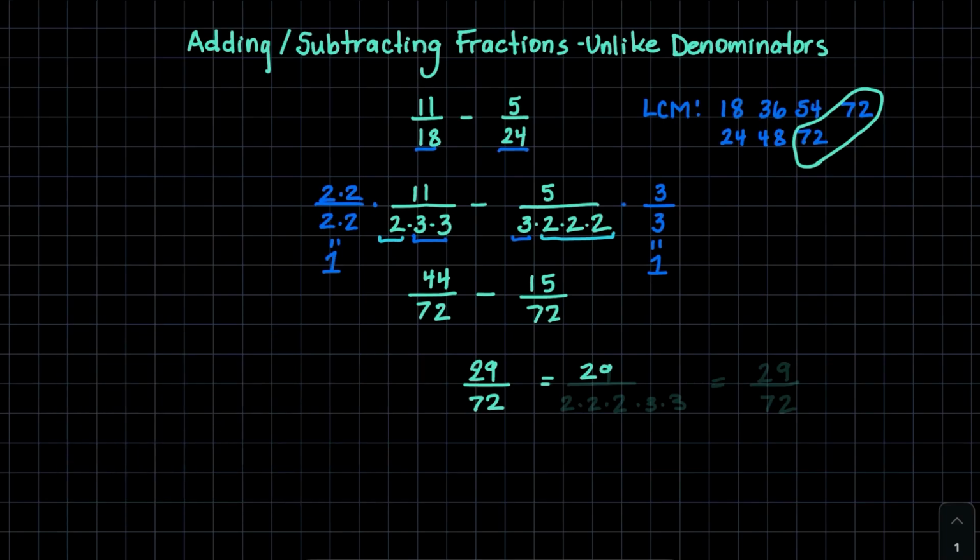So it stays 29. 72 is 2 times 2 times 2 times 3 times 3. I don't have any common factors, so my answer stays 29 over 72.